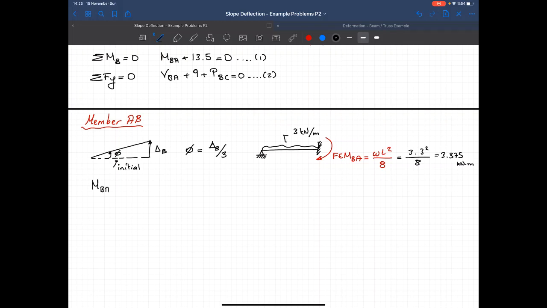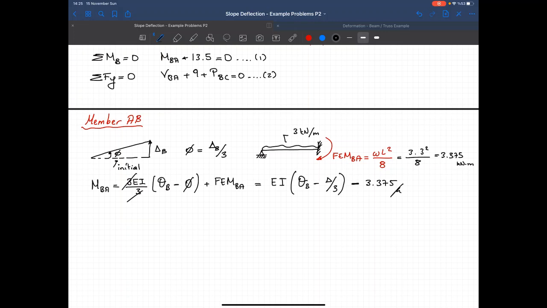So MBA is equal to, now we will be using the modified equation, 3EI over 3 times theta B minus the chord rotation, plus fixed end moment BA. That's equal to, these two cancel each other, EI in parentheses theta B minus delta over 3. The fixed end moment BA is in the clockwise direction, so I should have minus 3.375. That's my slope deflection equation for moment BA.